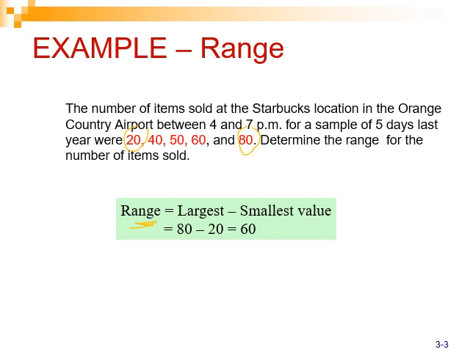Say we have an outlier value of 10,000. Then by substituting directly in the rule, the largest value 10,000 minus 20, the range will be huge. But we have an outlier, so the range is not the best measure of dispersion.